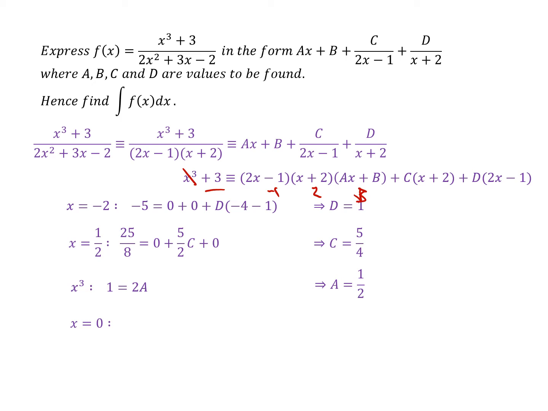This is 2c, which is 5 over 2, and this would become minus d, which is minus 1. So when I put all of that in, I get that little equation there, and from that I can work out the value of b as minus 3/4.